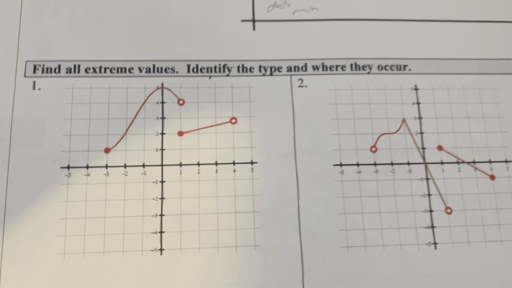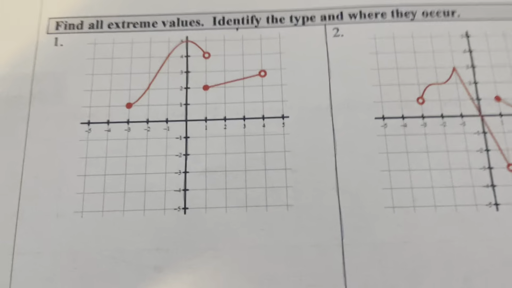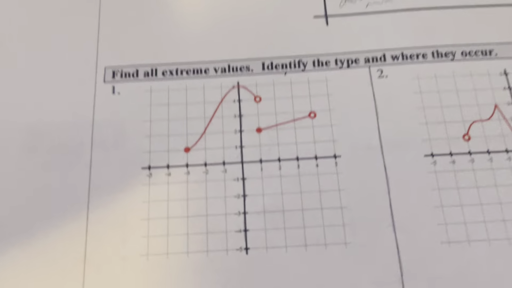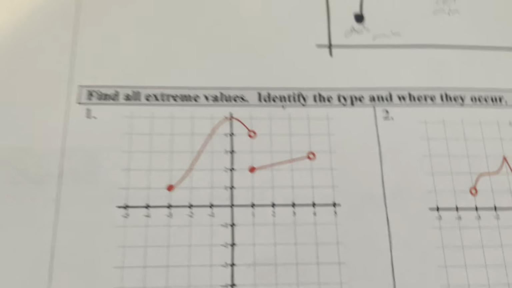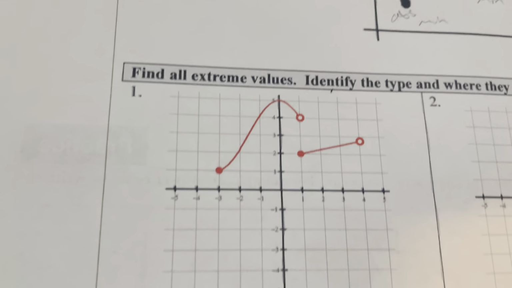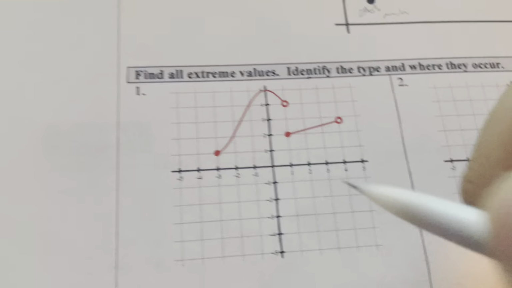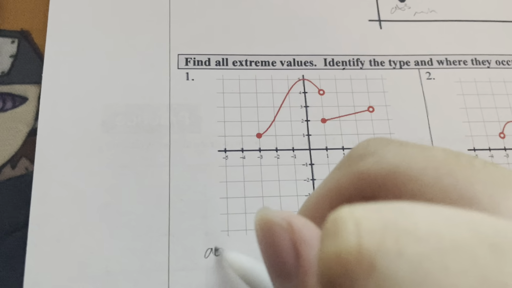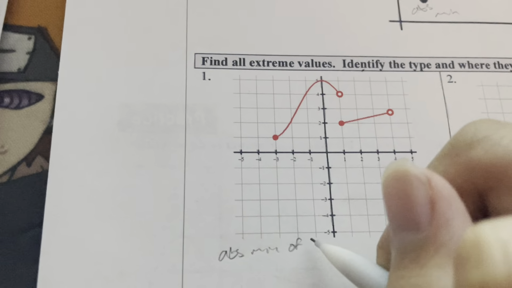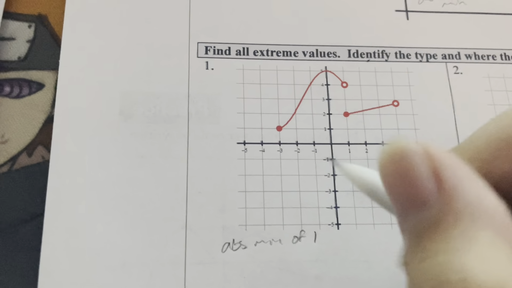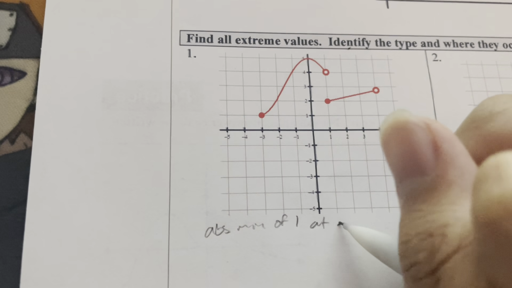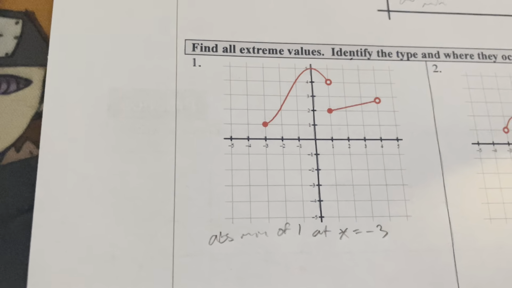Find all extreme values. Identify the type and where they occur. Number 1. It's pretty easy. So this is the lowest. So this is the absolute min of y equals 1 at x equals -3.